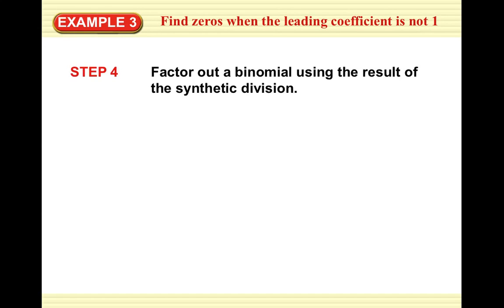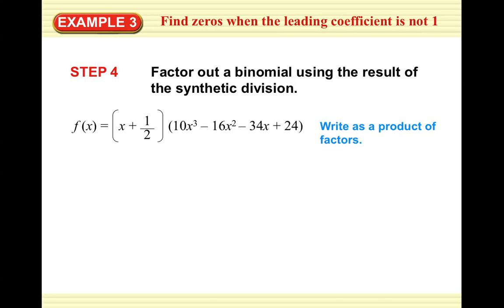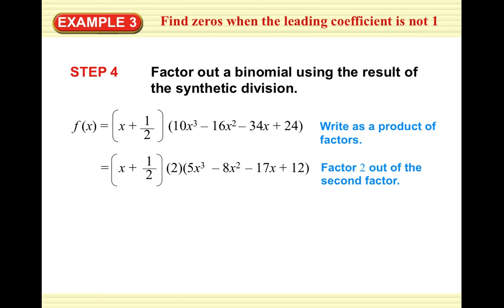All right, so now that we have factored out that binomial, we're left with a new function. Let's take a look at what that new function is: 10x cubed minus 16x squared minus 34x plus 24. Let's go ahead and take a 2 out of there to get it a little bit simpler: 5x to the third power minus 8x squared minus 17x plus 12.